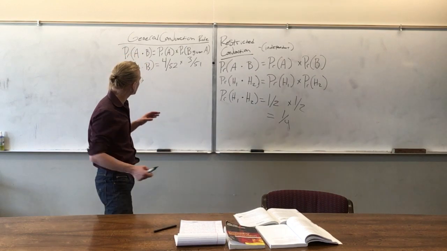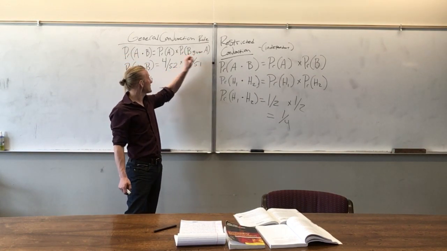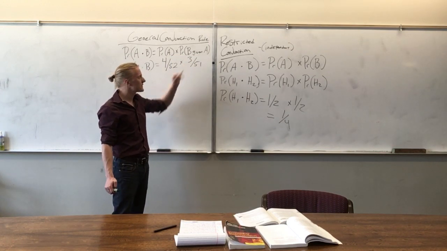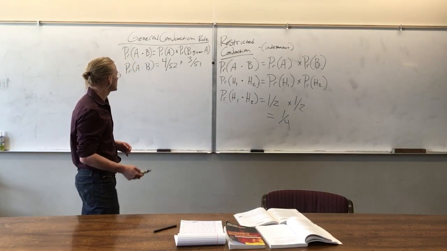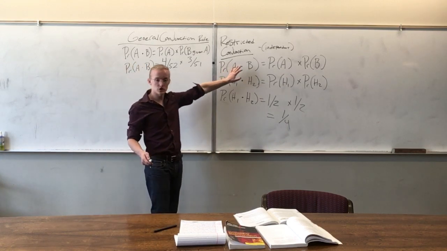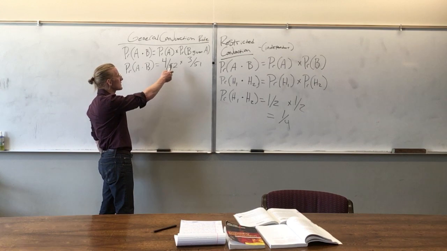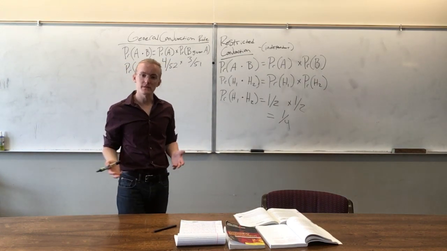So the probability of B given A, when A occurs, reduces the deck size to 51 and the amount of jacks in it to 3 over 51. And all of a sudden, we see why we can't apply the restricted conjunction rule, because the restricted conjunction rule would just have the probability of A and the probability of B, both of which are drawing jacks, as 4 over 52.